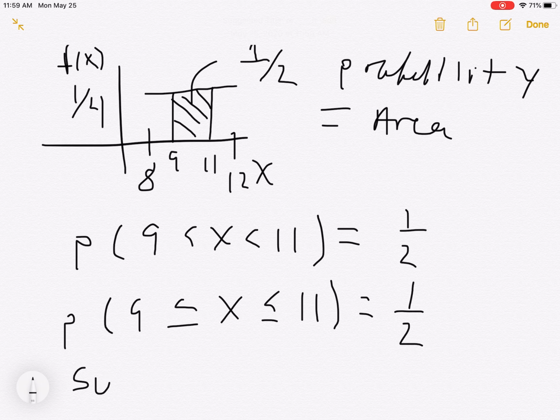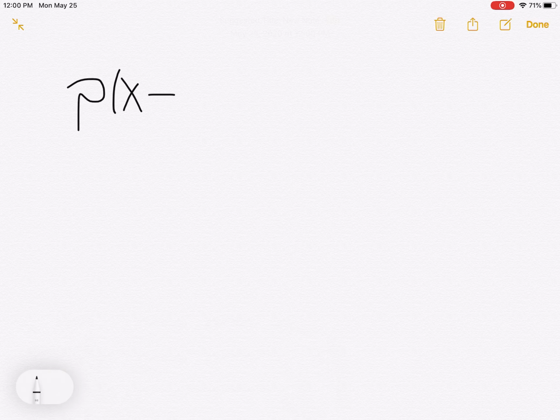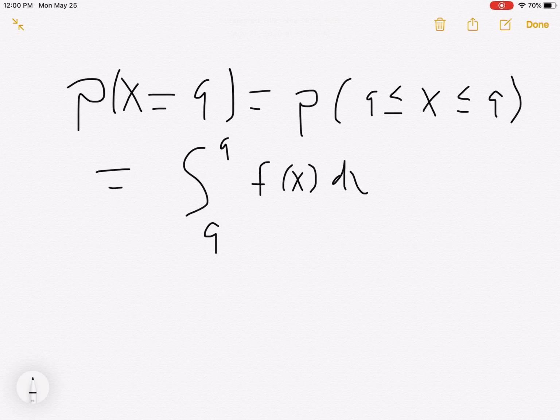Okay, so probability x is equal to 9 exactly is equal to 0. And if I had to prove that, the proof would go like this. Probability x is equal to 9 means x is bigger than or equal to 9 and also less than or equal to 9, which is the integral from 9 to 9 of f of x dx, and that has no area.